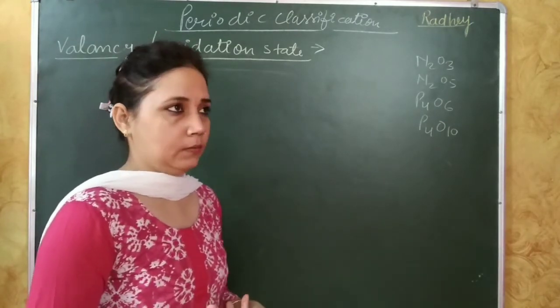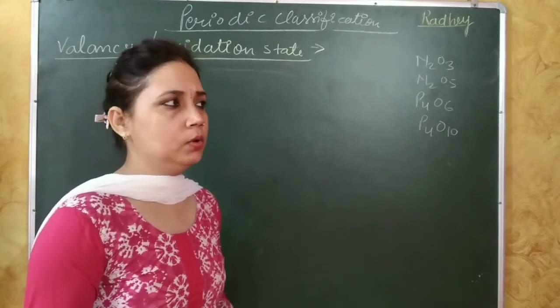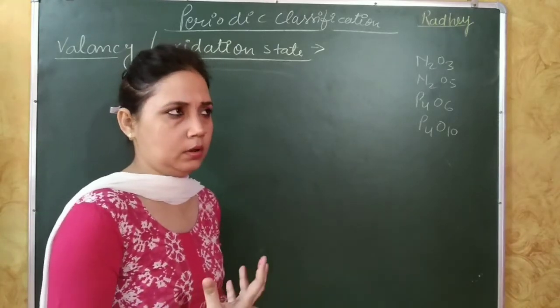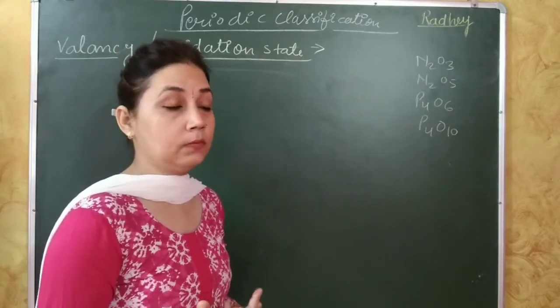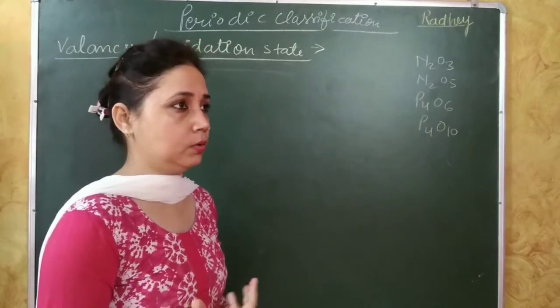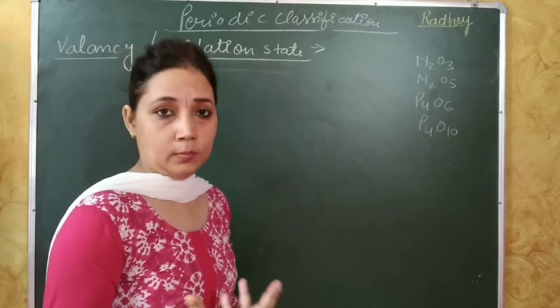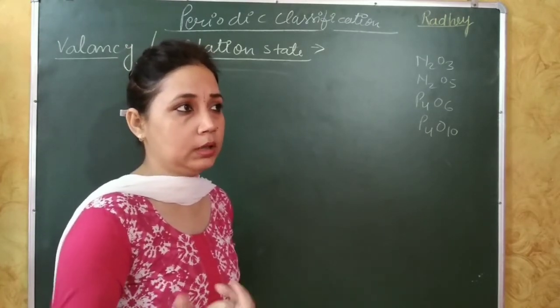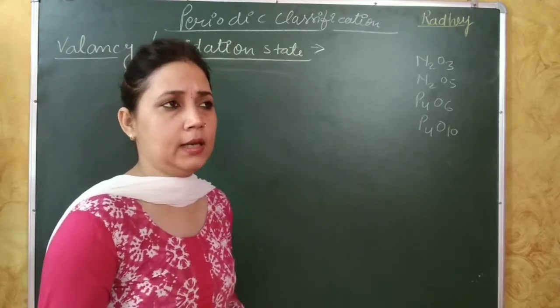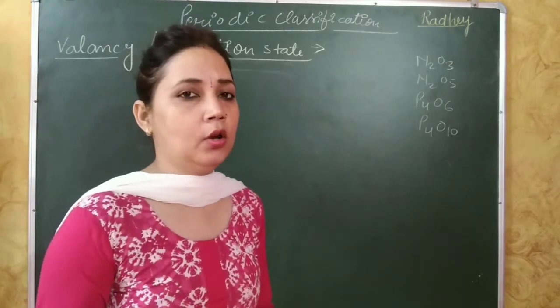Now we know that it is easy to lose 1 to 3 electrons, but it is not easy to lose 4 electrons, so covalent bonding takes place. Then it is also not easy to gain 5, 6, 7 electrons from any atom.